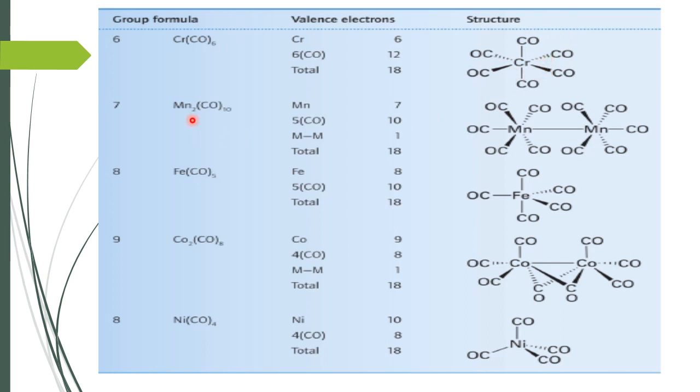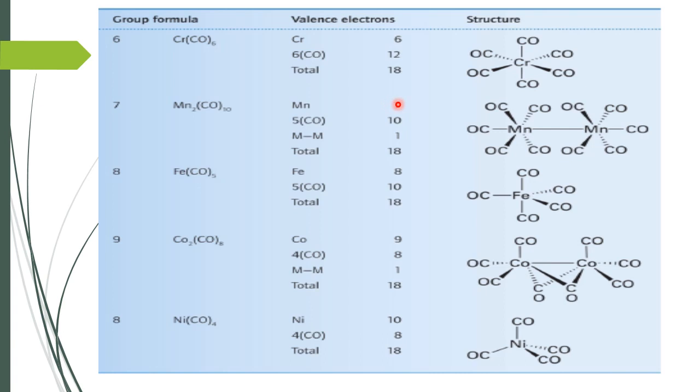Similarly, here we have a binuclear compound. Binuclear means there are two metal centers. Each metal atom, Mn, contributes 7 electrons. Manganese has atomic number 25, so the valence electrons are 4s2 and 3d5, totally 7 electrons.